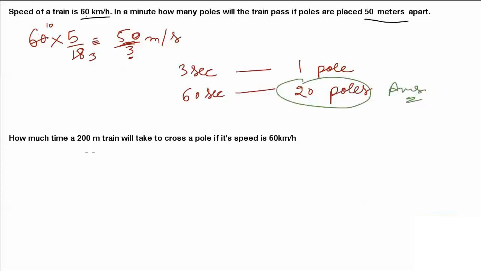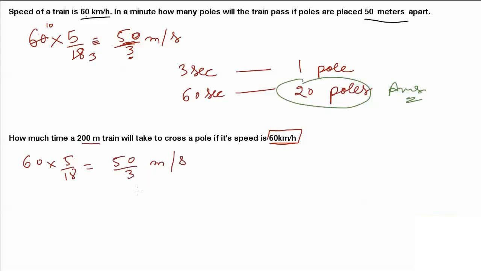How much time will a 200-meter train take to cross a pole if its speed is 60 km per hour? Again, we have to convert the speed of the train from kilometers per hour to meters per second. So that's again 60 multiplied by 5 over 18. So that is 50 over 3 meters per second.